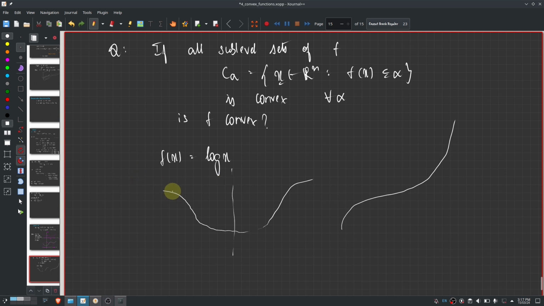In this interval it's monotonically decreasing, in this interval monotonically increasing. In fact, you can choose any function. You pick a particular point. To the right of it, you take a monotonically increasing function, convex or concave. To the left, monotonically decreasing, but it need not be convex. But for the resulting function, all sublevel sets are going to be convex.